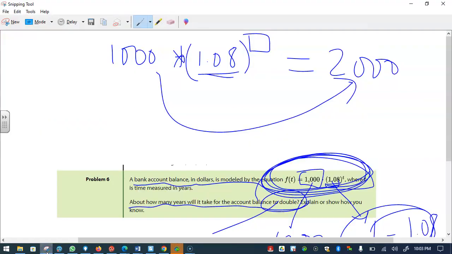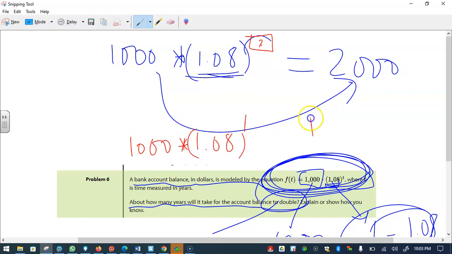If you multiply this, I think it is almost like 7 years. Maybe 6 years. Just use the calculator, since we don't know how many years, so I'll just put a question mark. You figure it out yourself on the calculator, every time multiplying by 1.08.